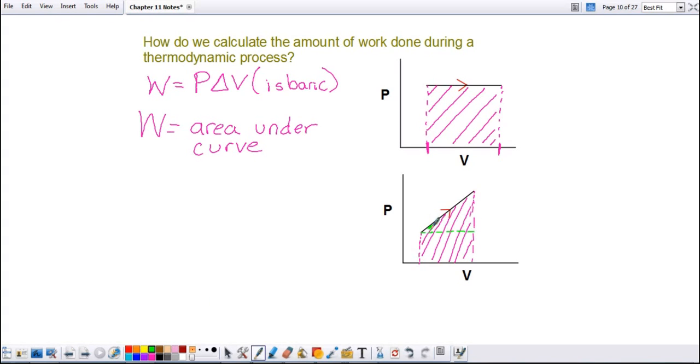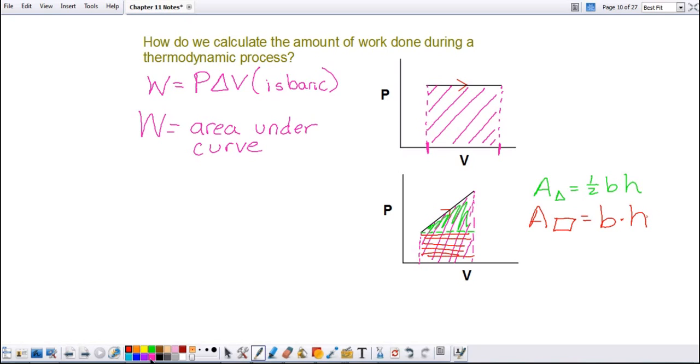This top part is a triangle, so we could find the area of the triangle, which is 1/2 the base times the height. And then the bottom part is a rectangle, so we could find the area of the rectangle, which is just base times height.